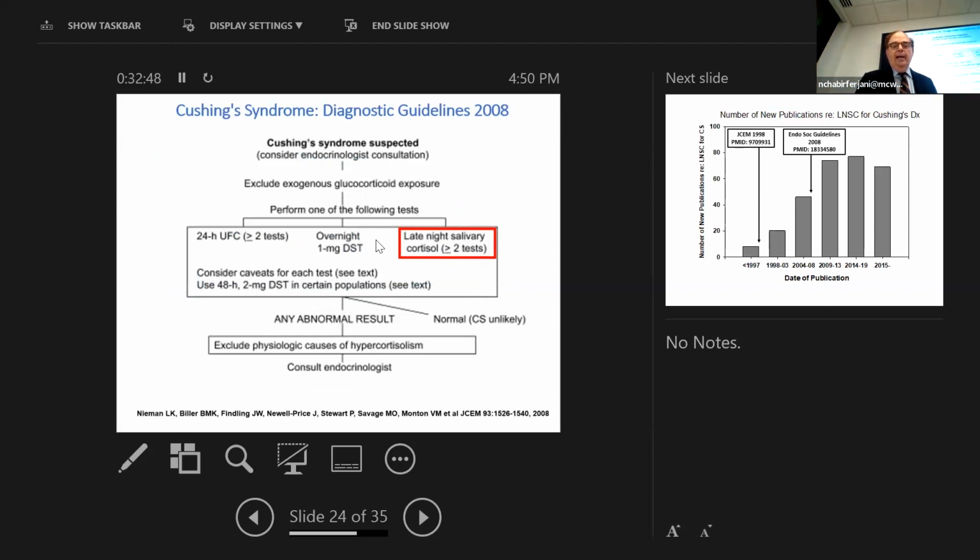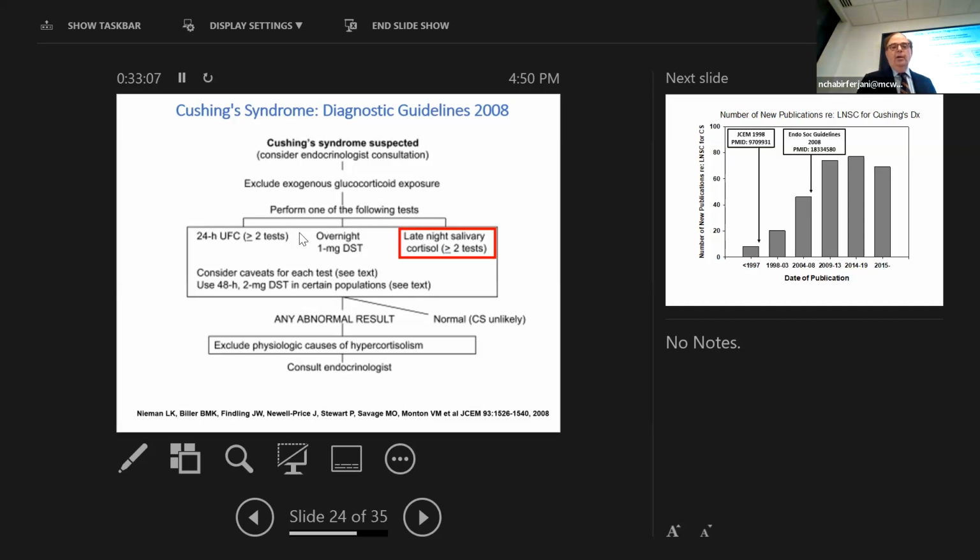And obviously, it did not obfuscate the use of dexamethasone suppression testing, or for that matter, urine cortisol. I think many people now would acknowledge that this test and this test are the most sensitive and have the best negative predictive value.